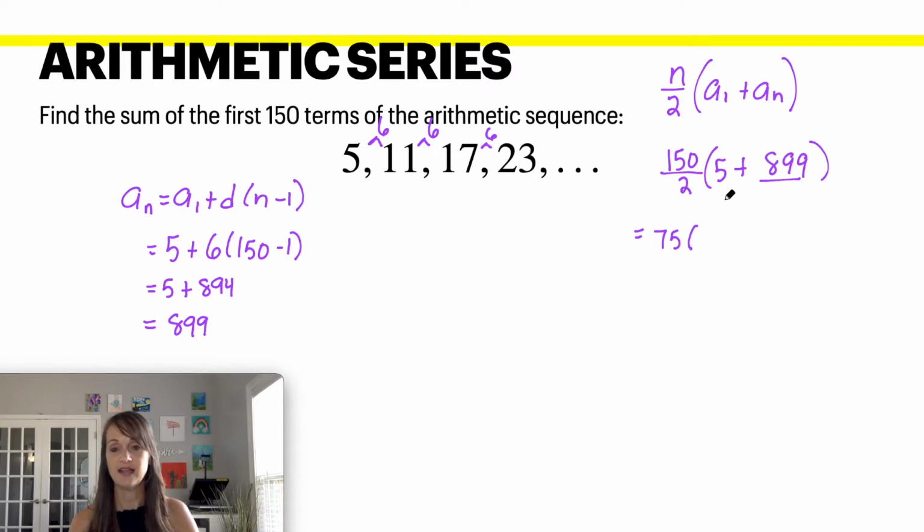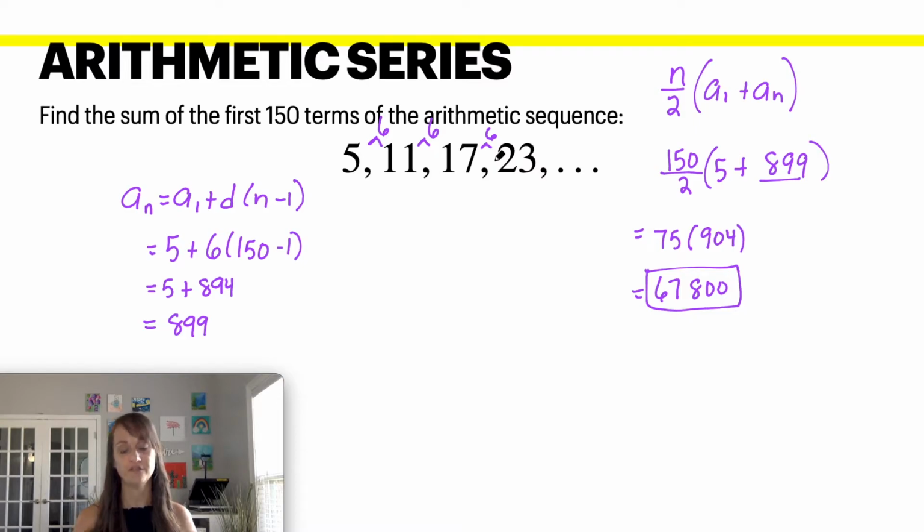And then 899 plus 5 is 904. So 75 times 904 gives you your answer of 67,800. And if you were to take those terms and actually figure out the first 150 terms, and add them all together, you will get the answer 67,800.